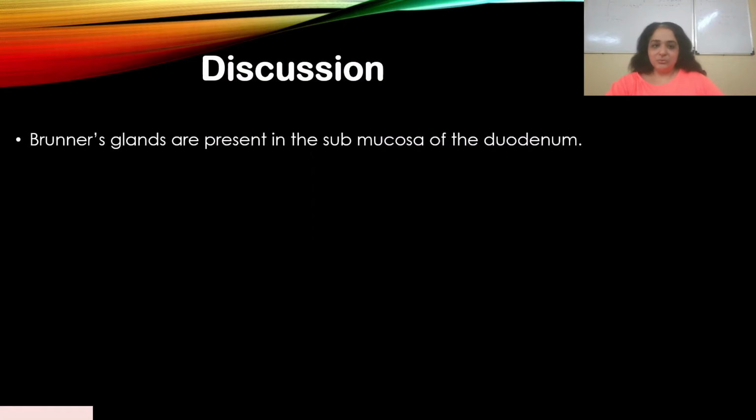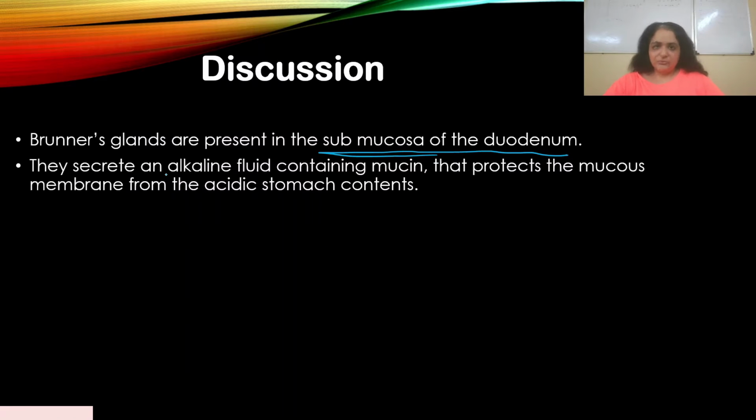Brunner's glands are present in the submucosa of the duodenum. So remember, Brunner's glands are exclusive to the duodenum, and they are present in the submucosa. If you watched my previous lectures, you know that Brunner's glands secrete an alkaline fluid that contains mucin, and this protects the mucous membrane from the acidic stomach contents.